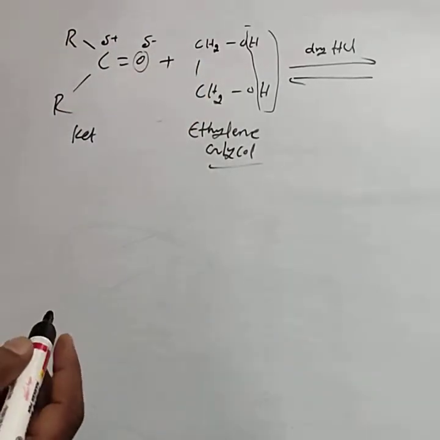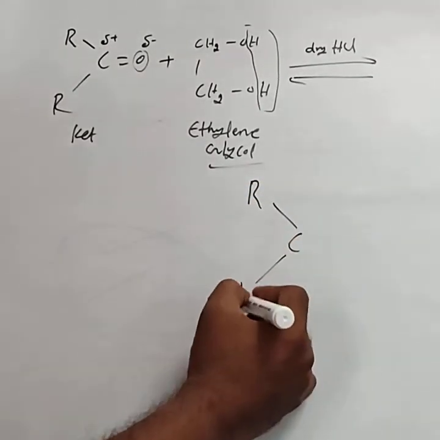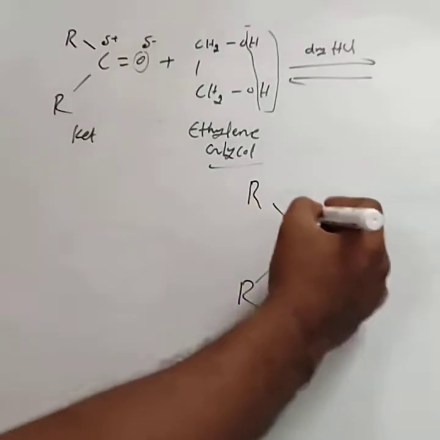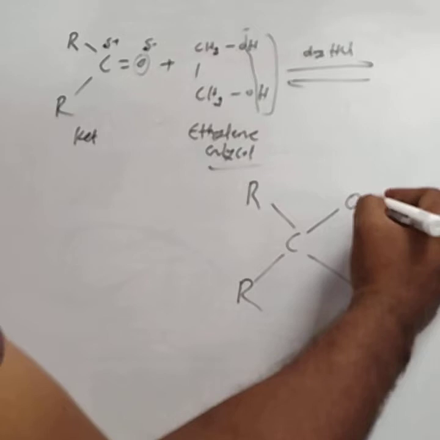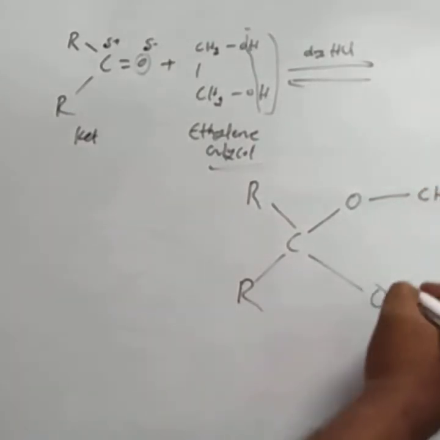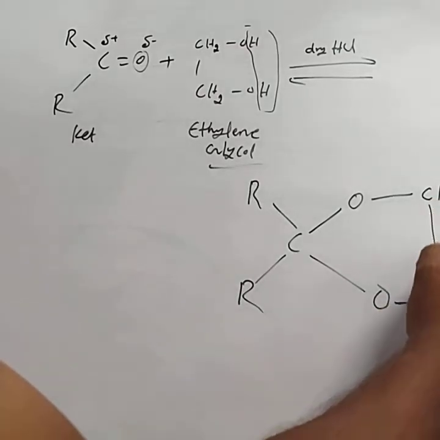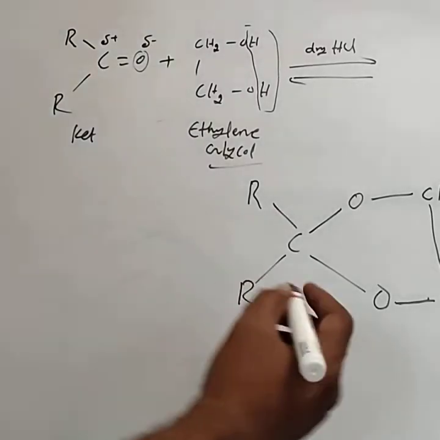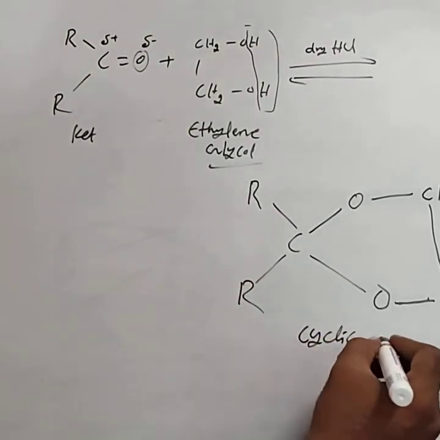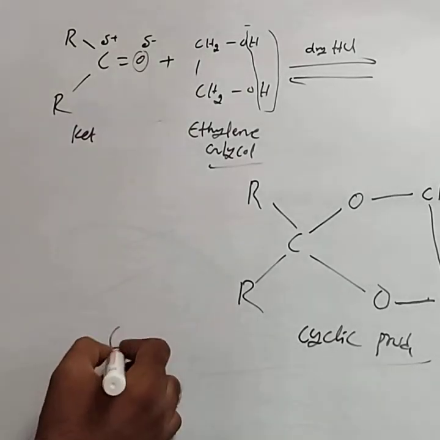Then the product is R, C, R, with O on this side, then CH2, CH2. This is called a cyclic product. That cyclic product is known as the ethylene glycol ketal.